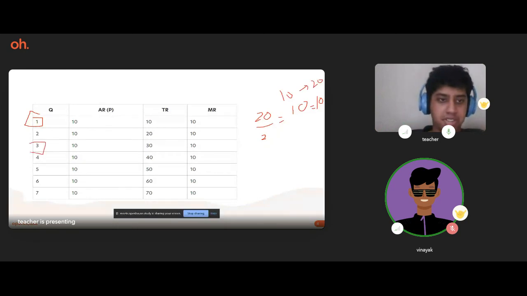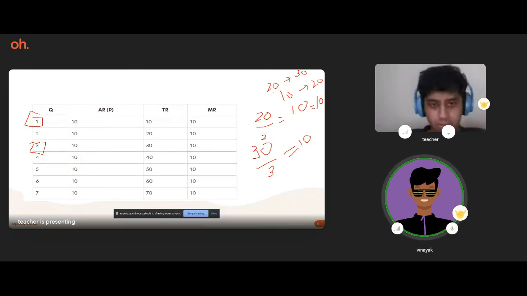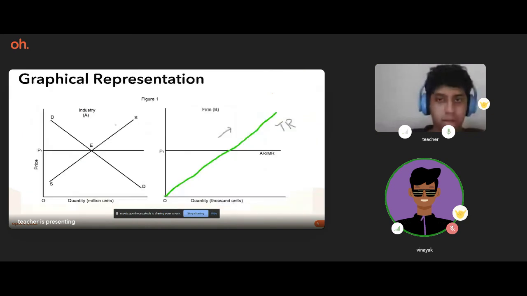You purchase the third unit, this will become 30, 30 by 3, which again stays 10, and the change from 20 to 30 is again 10. So have you seen what's happening? Yes, I get the gist. Because you agreed to that price, you agreed to it being 10 rupees.